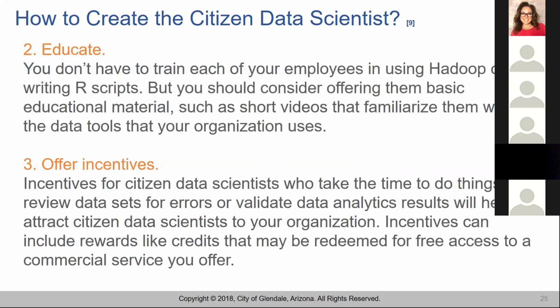Give them incentives. Every Halloween, I do a Halloween trivia contest. Last Halloween, I took a data set and gave it to people and said, how can you tell by looking at this data that this company committed fraud? A lot of people within the city played. I give out 3 bags of candy every Halloween to the top 3 winners.